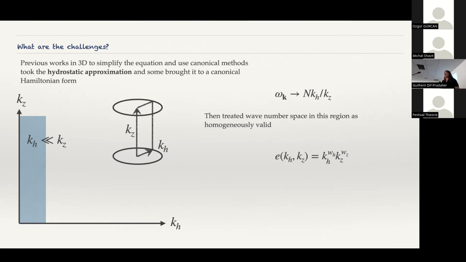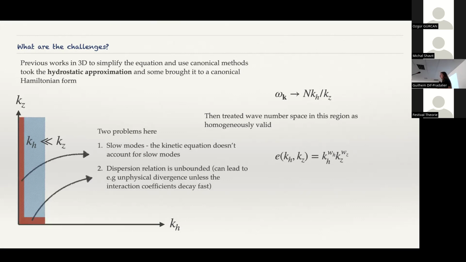And then they treated this part of the spectrum homogeneously, and they tried to find a canonical Hamiltonian. What we're going to do is slightly different.